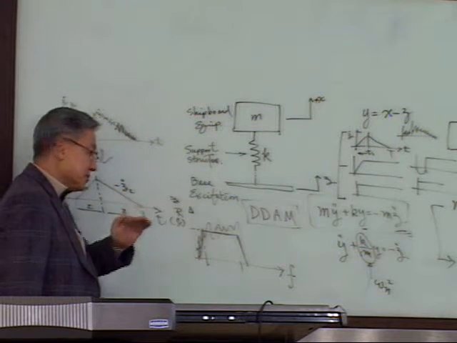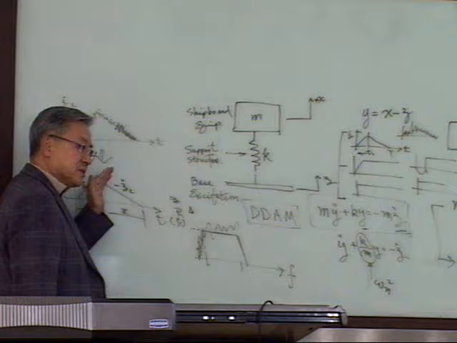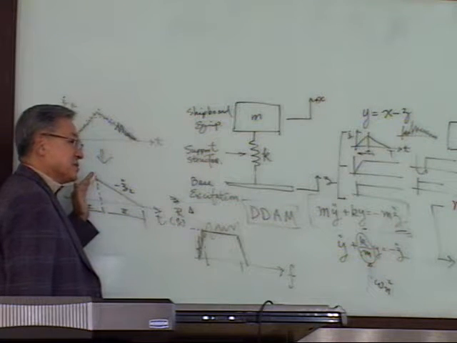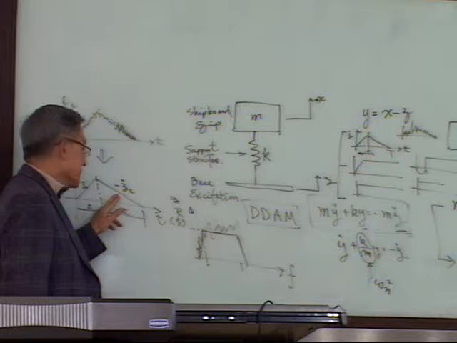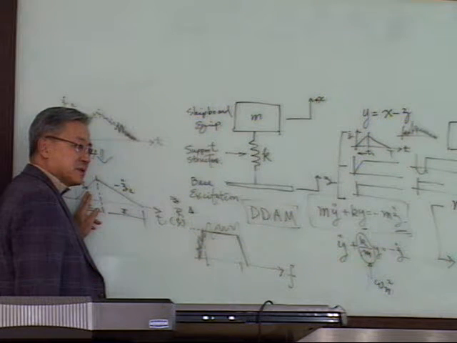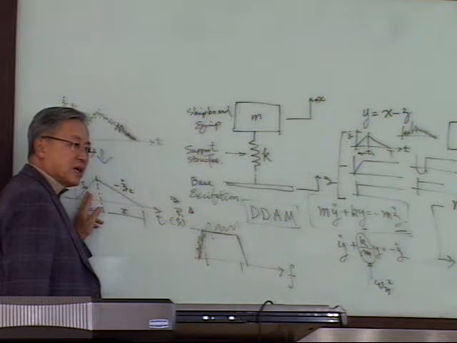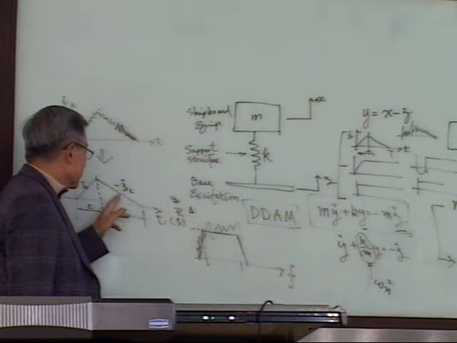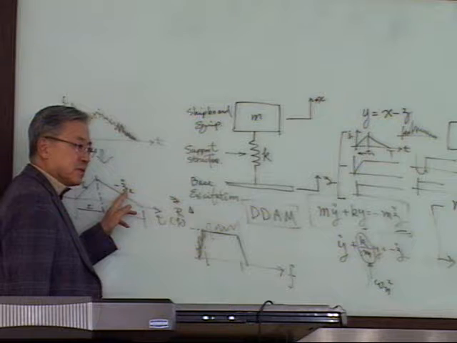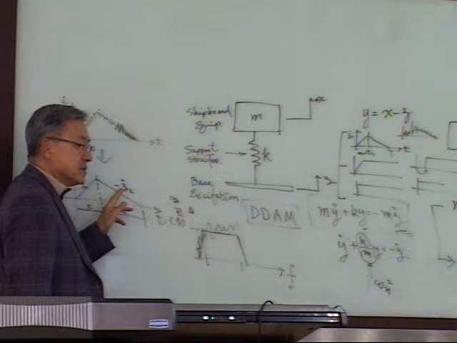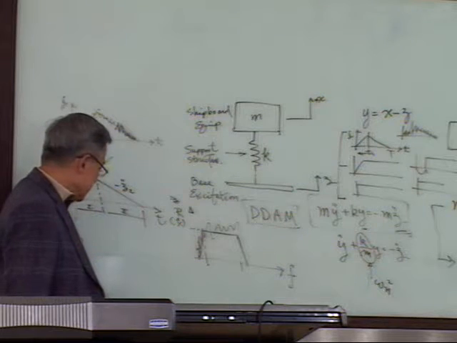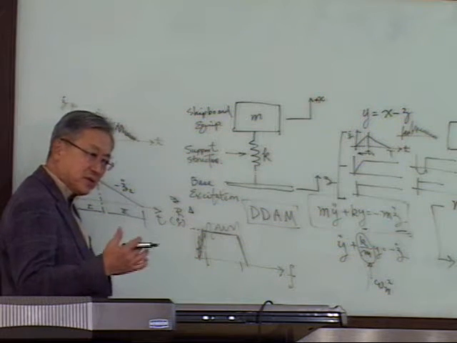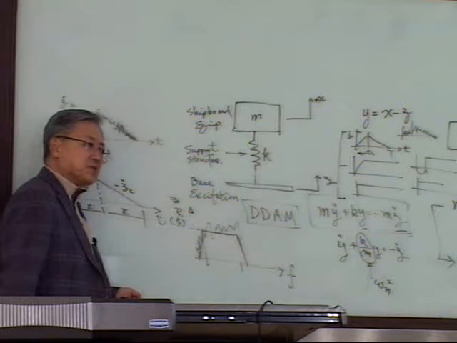Acceleration is reduced. Velocity is decreasing. Velocity is increasing. The time rate of change of the velocity is acceleration. Z1 double dot, Z2 double dot is negative. Then you can solve the problem. Very simple. So then you can deal with a special case.